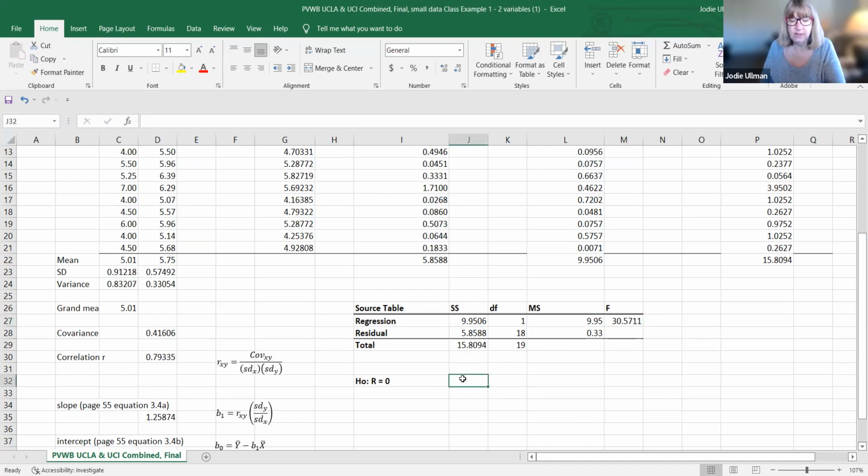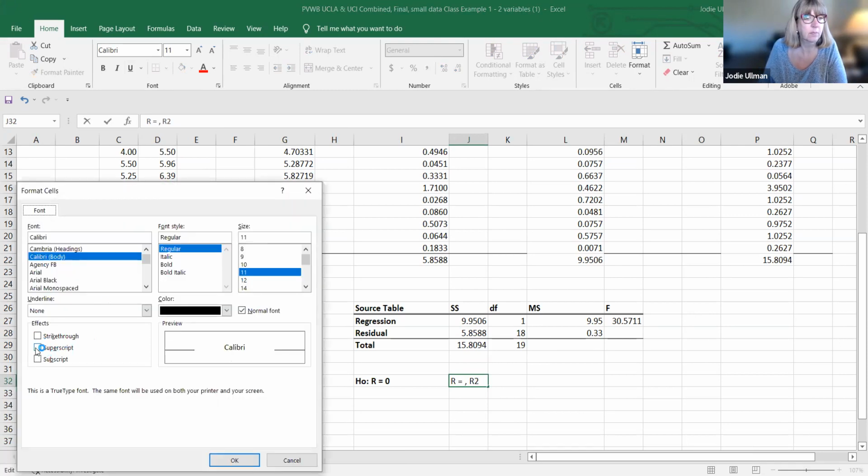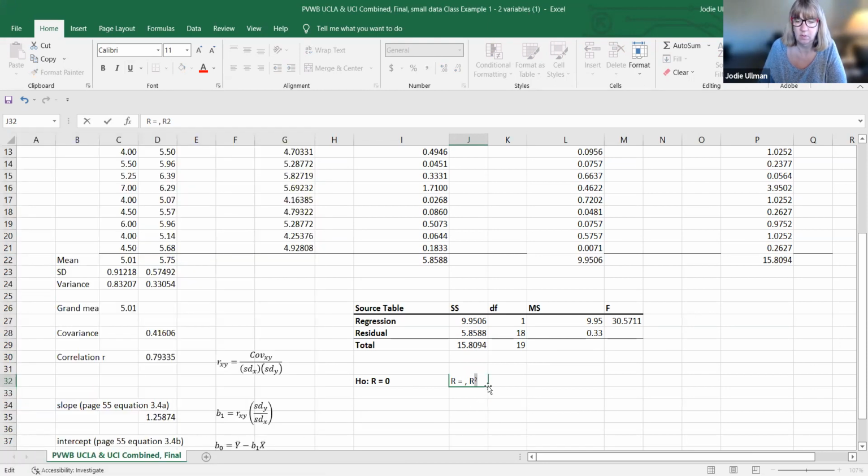Then what we're interested in, so we would write this in APA format with R, we have not calculated that yet. And then we want to have R squared. I guess it gives you time to think, time to catch up.